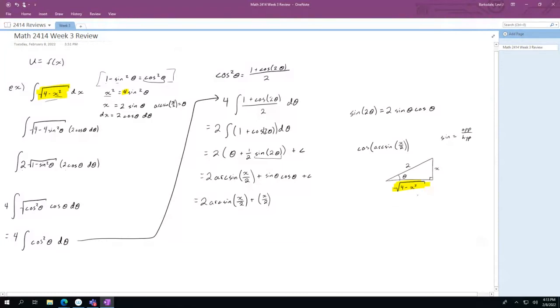Anyway, if we wanted to take the cosine of this triangle generated by our arc sine, cosine is equal to adjacent over hypotenuse. And the adjacent side here is the square root of 4 minus x squared. And the hypotenuse is 2. So that's our cosine.